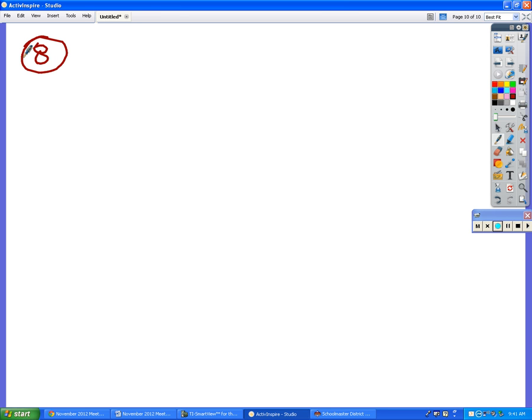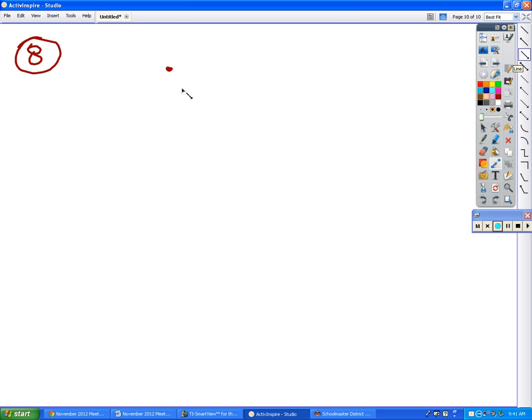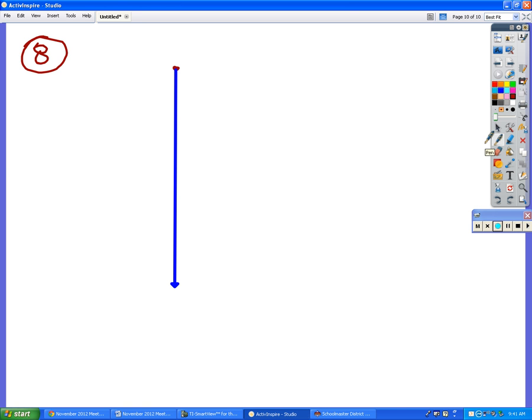All right, number 8, word problem. 2 cars start moving from the same point. One travels south at 28 miles an hour. So what were we just told? The derivative of what? dy/dt.